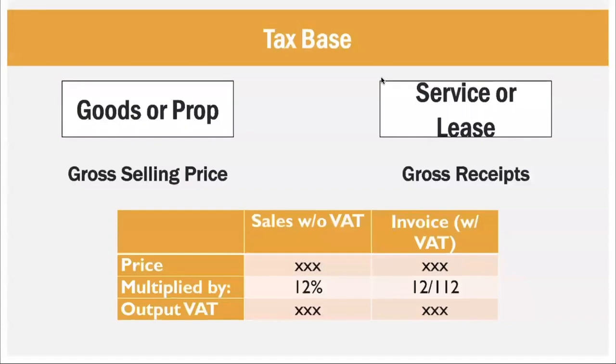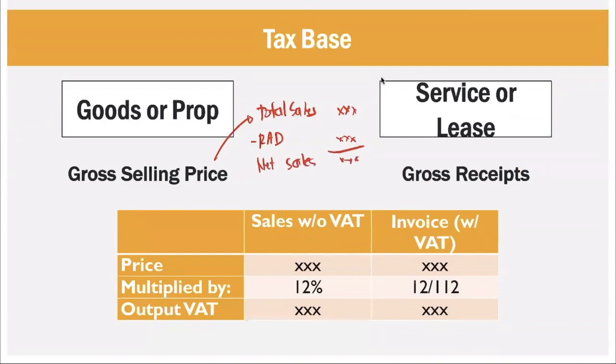So let's have a recap on your sales of goods, services, or properties. Remember, on your sale of goods or properties, we have your gross selling price. And what are the items again of your gross selling price? To compute for your gross selling price, we have your total sales, and then we deduct your returns, allowances, and discounts to get your net sales.